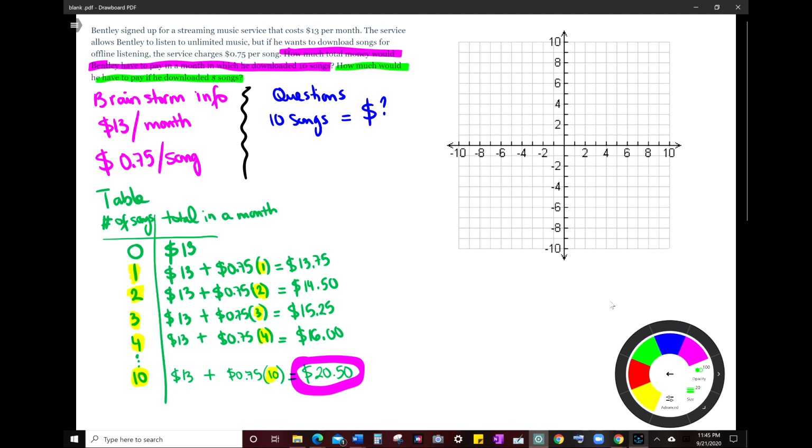So luckily we did the table so we can see the pattern so far. And I'm pretty sure a few of you guys already recognize the pattern.